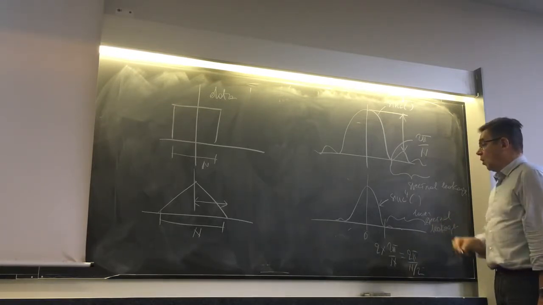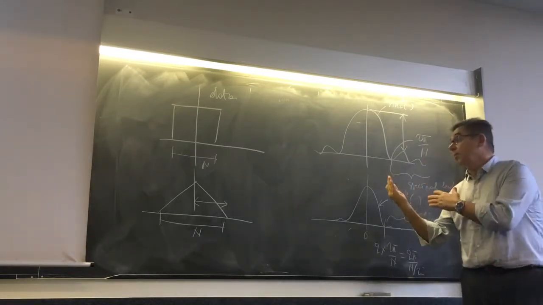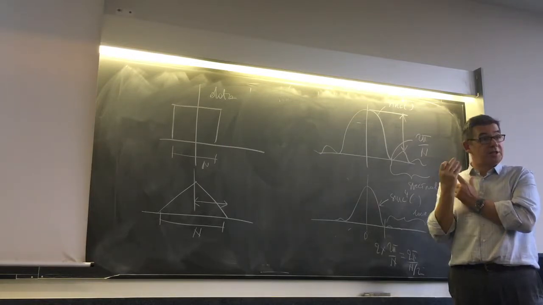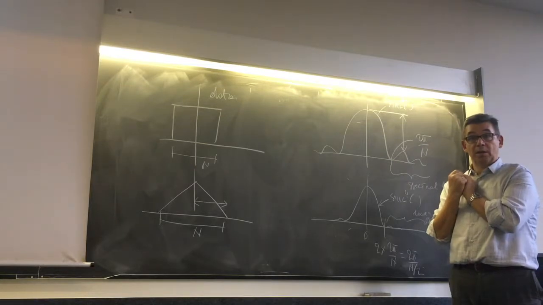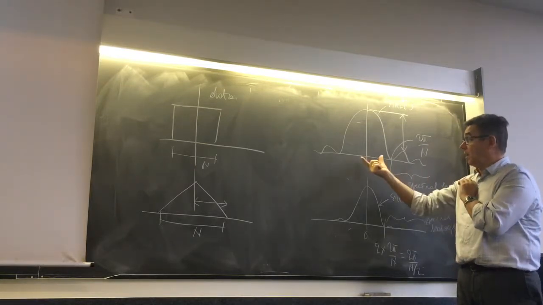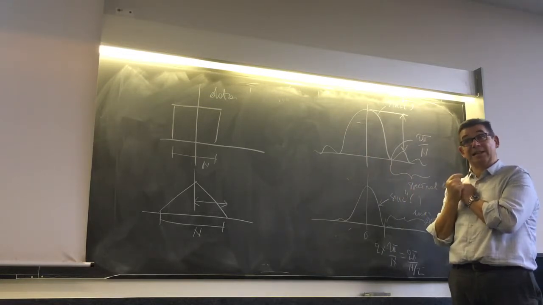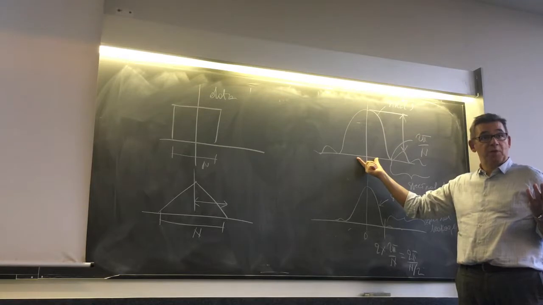Once again, which one do I have to choose? It's the same. If you want to preserve the transition, then you choose the rectangular one, because with the rectangular one the selectivity is the sharpest that you can tolerate.